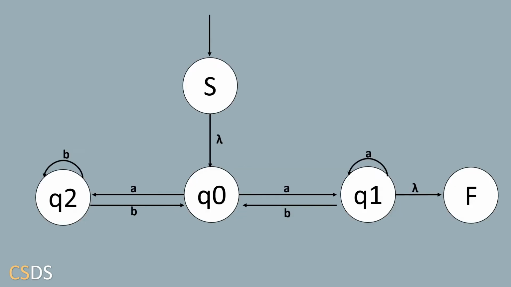So we'll connect the S state with a lambda transition to the state Q0, and we'll connect Q1, our final state, with a lambda transition to the state F.